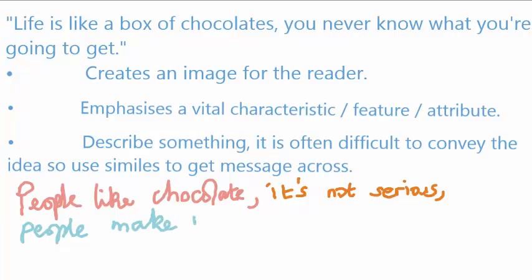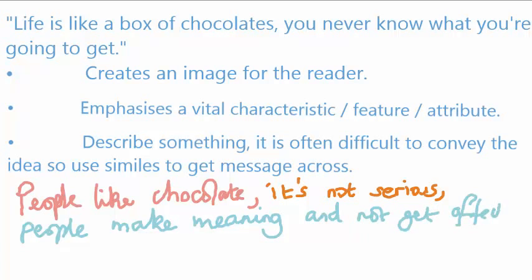So describing something in this way is good because by describing it in a less serious way, people make meaning and not lose the fun. It doesn't affect them as much but they understand what it means. It is often difficult to convey the idea, to use similes to get a message across.